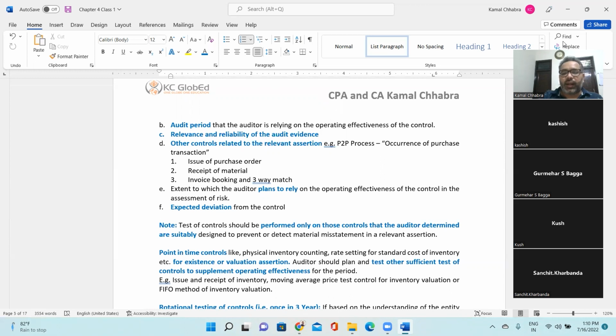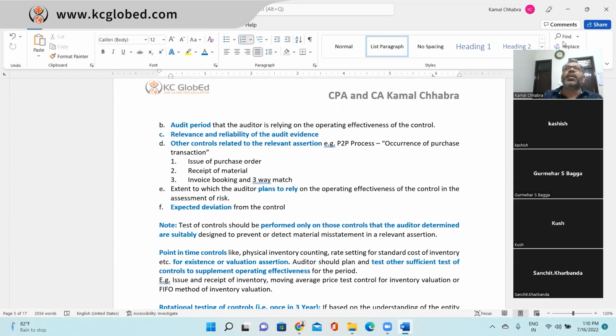How relevant and reliable audit evidence you are obtaining? If you are obtaining more reliable or relevant audit evidence at first step, then you might not be doing much alternative testing. But if you're not getting reliable and relevant audit evidence, then you might be trying to corroborate the evidence from the alternative sources.